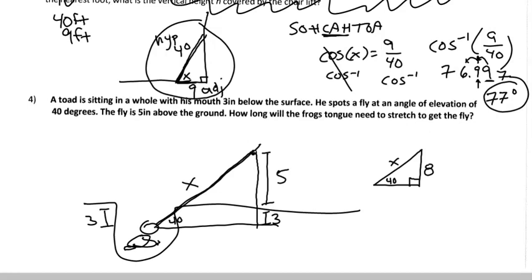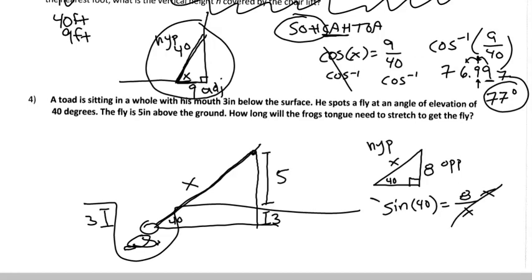At this point, you have to figure out what sides you're working with. Looks like opposite and hypotenuse. If you look at SOHCAHTOA, opposite and hypotenuse is sine. So sine of 40 degrees equals opposite over hypotenuse.